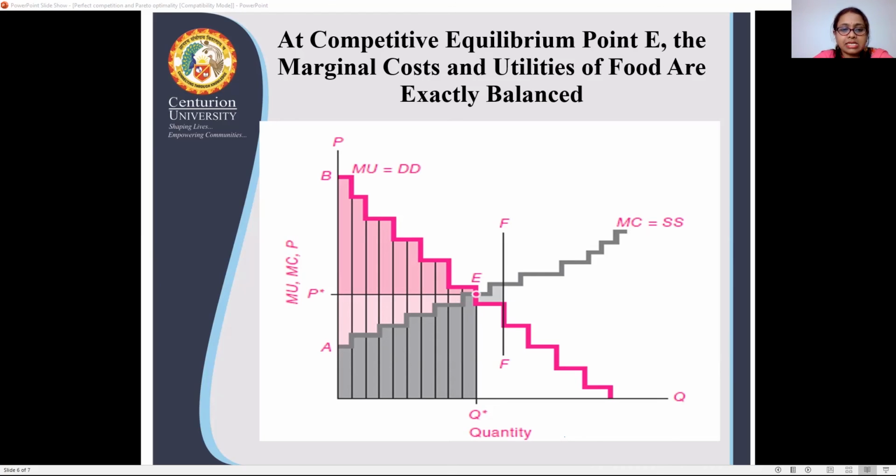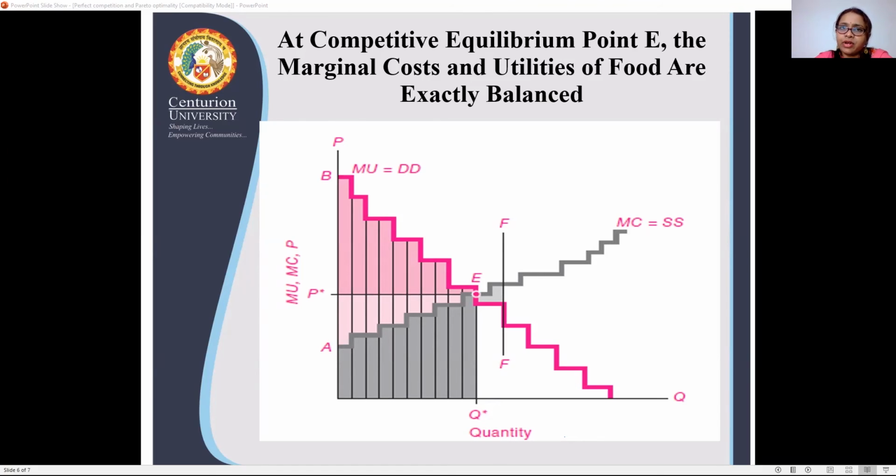For that reason, it is economically efficient. At the competitive equilibrium, at equilibrium point E, this representative consumer will have higher utility of economic surplus than would be possible with any other feasible allocation of resources.